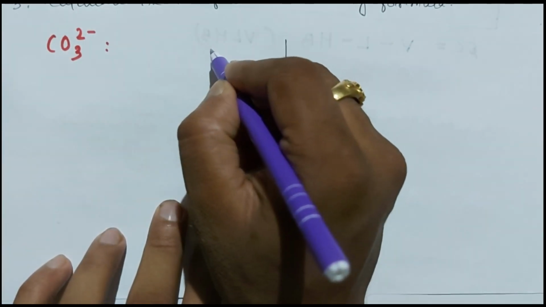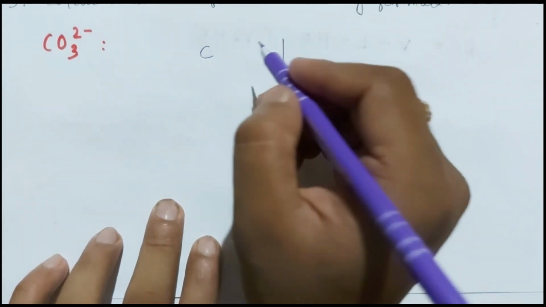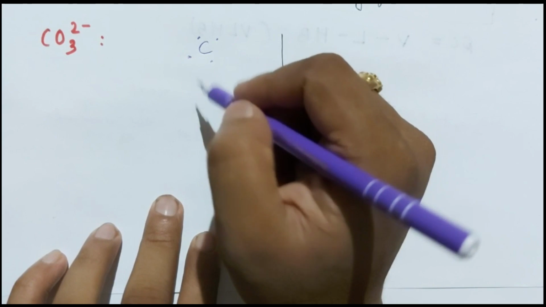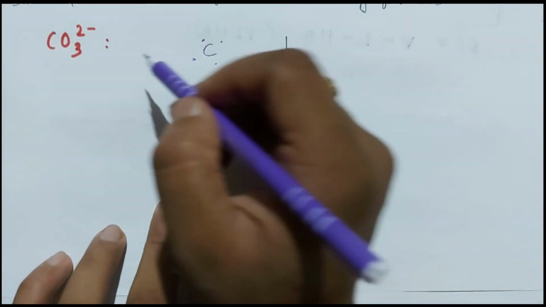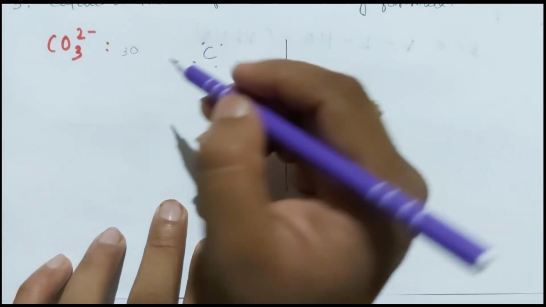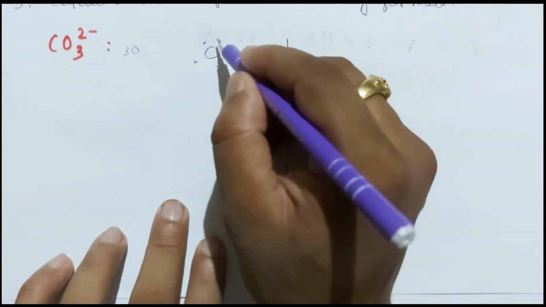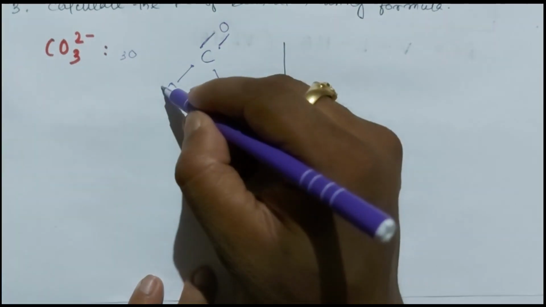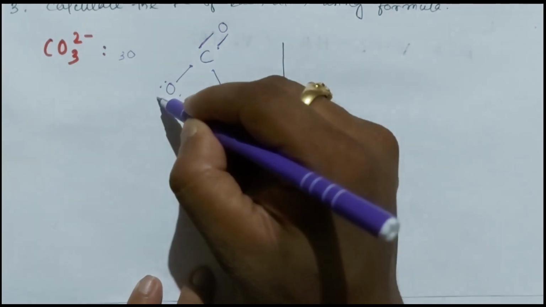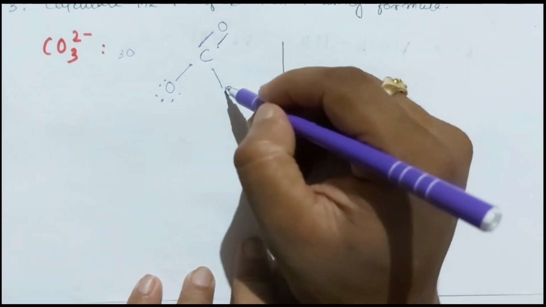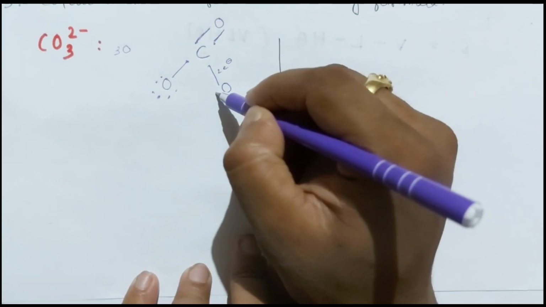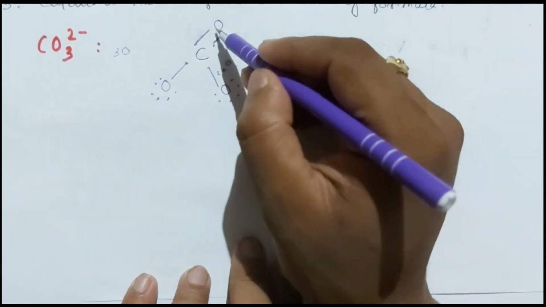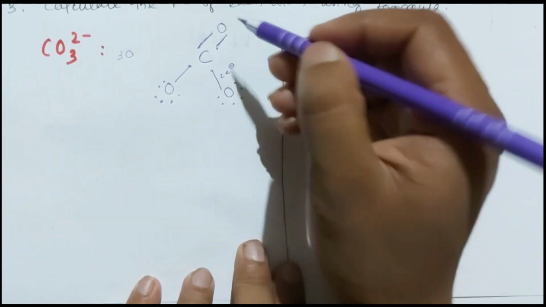Carbon has 4 valence electrons, and we have 3 oxygens. For this oxygen, 2 electrons are there, so to fill the octet it needs 6 more electrons. Just fill the electrons.